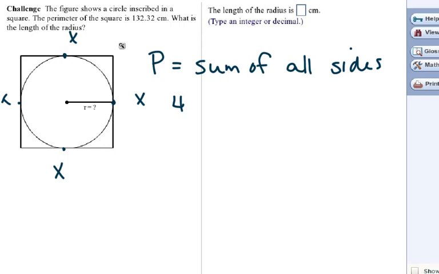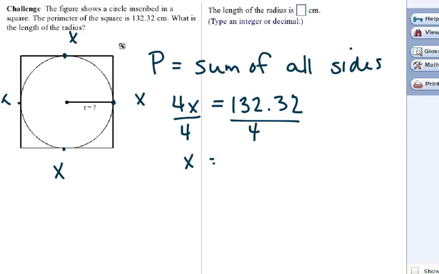So the perimeter is 4x. And we know that the perimeter is 132.32 centimeters. So to find the value of x, we divide both sides by 4. And we get 33.08.